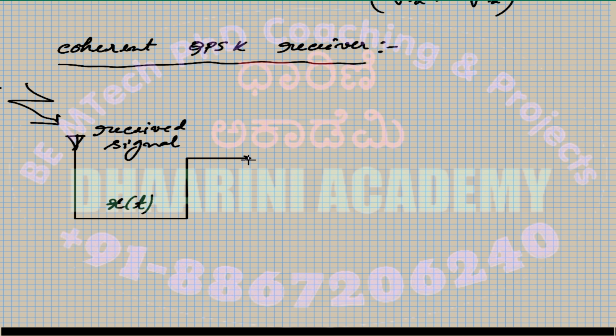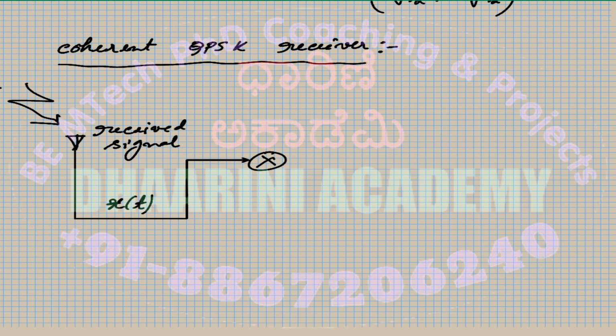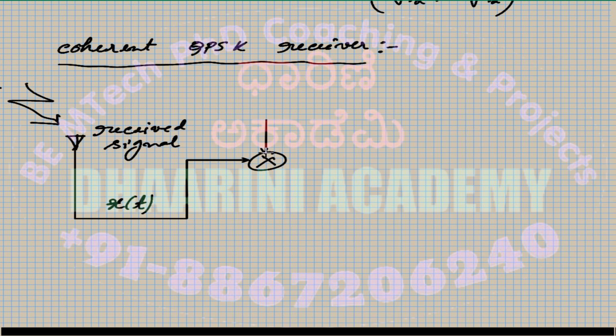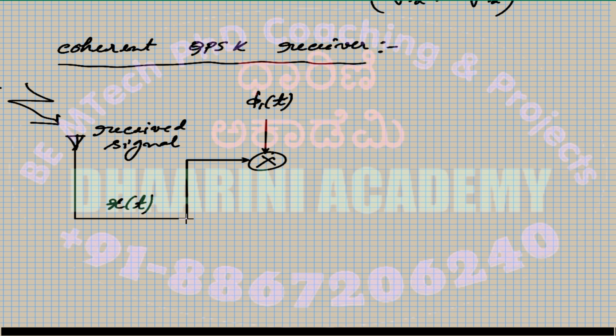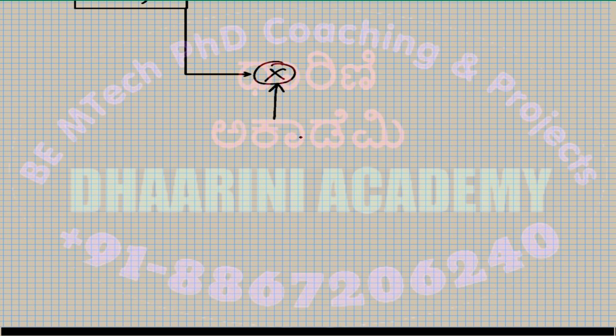So this is the first part, and let us multiply this with phi1 of t. At the same time, we have another branch coming down. This is the other channel where we multiply with phi2 of t.